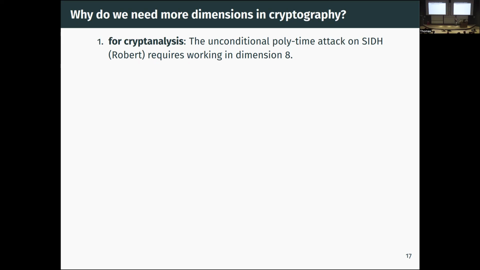And this actually required working in dimension 8. And so we cannot even stop at dimension 3, but we really need to understand at least many higher dimensions in isogenies.